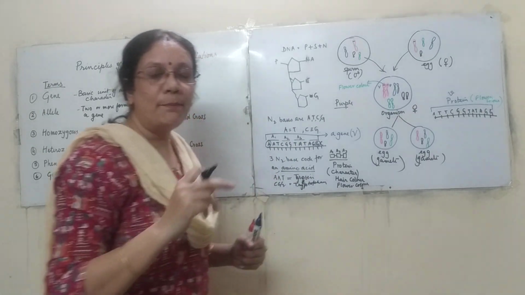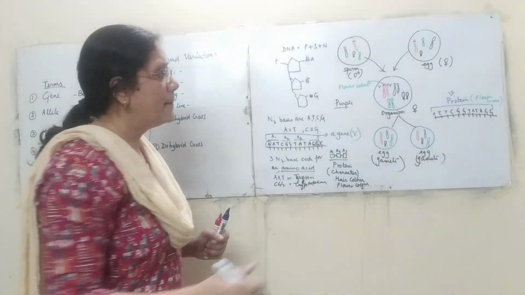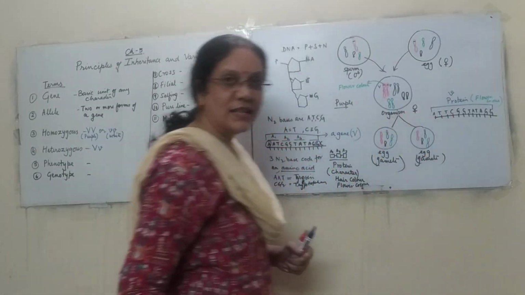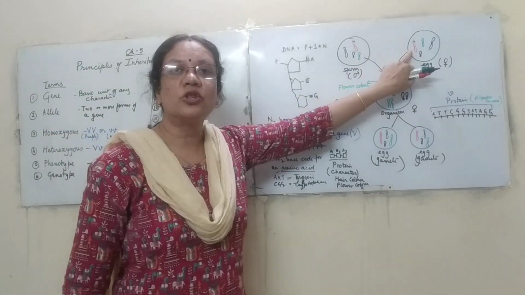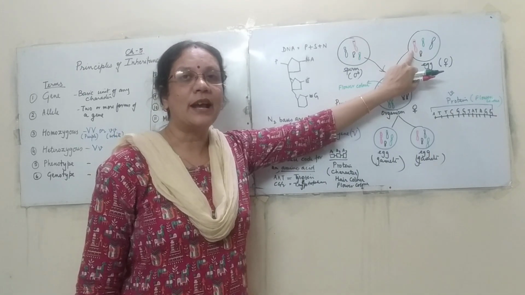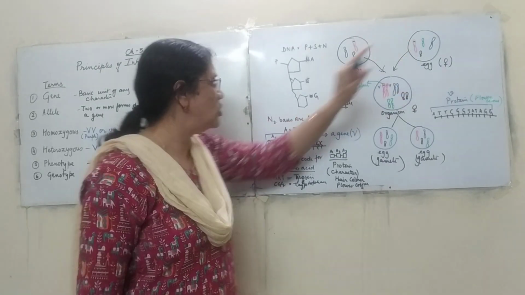The purple was dominant over the white gene. But the white one was not able to express itself. That is why it is called a recessive gene.